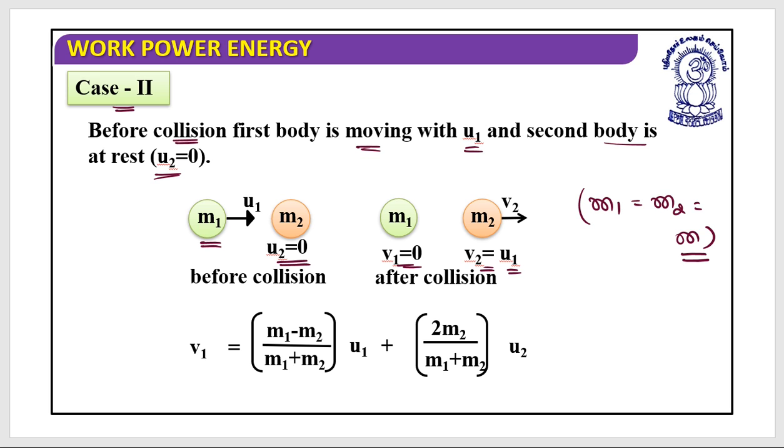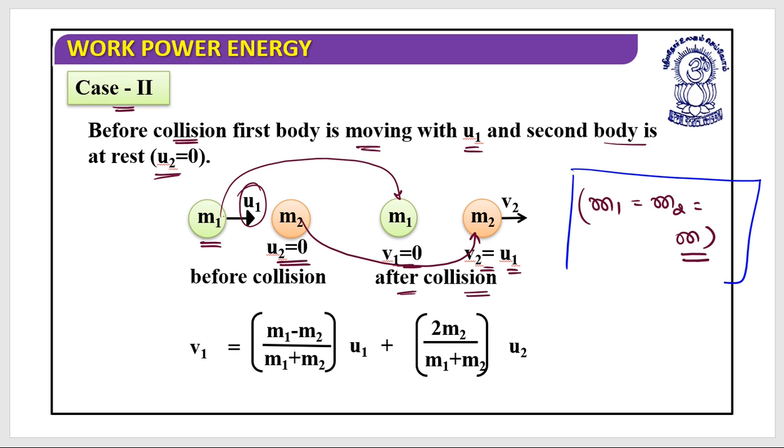If m1 equals m2 equals m, then after collision the first body will come to rest and the second body will start moving with the velocity that the first body had. That means again it is the same kind of exchange of velocity. But this is possible only if their masses are equal. So please keep this in mind.